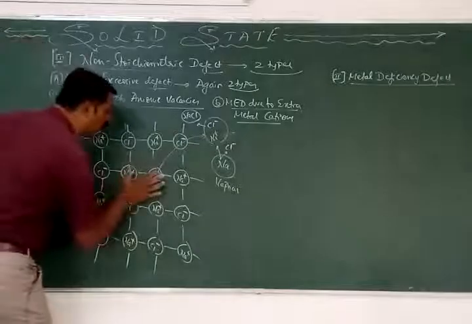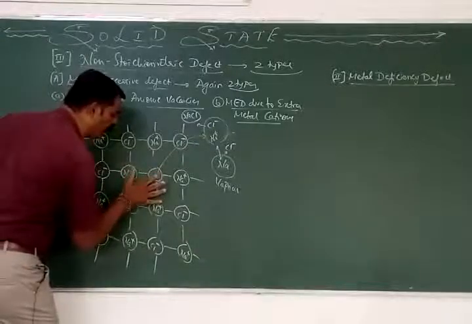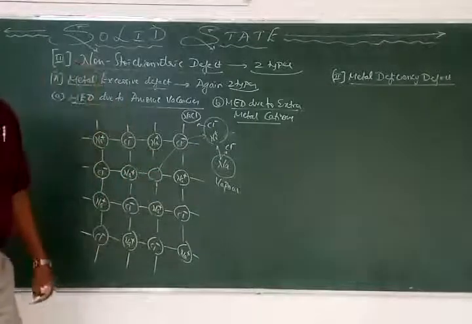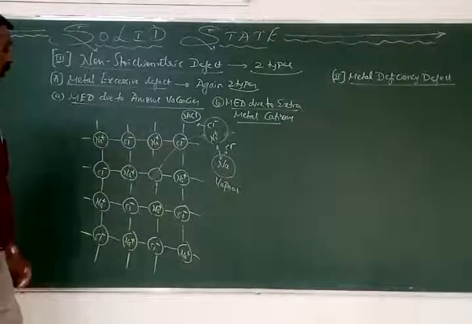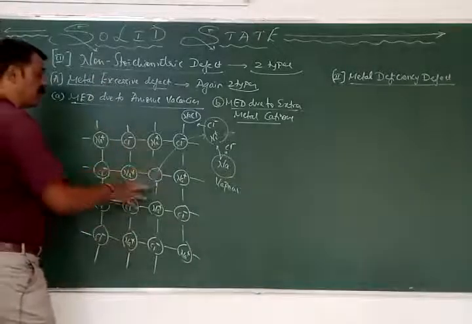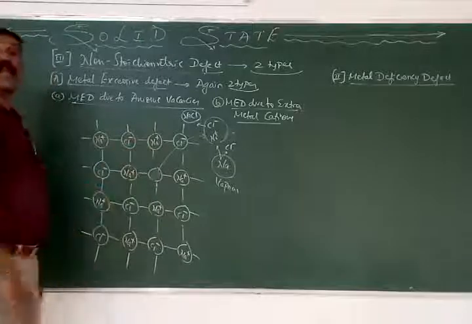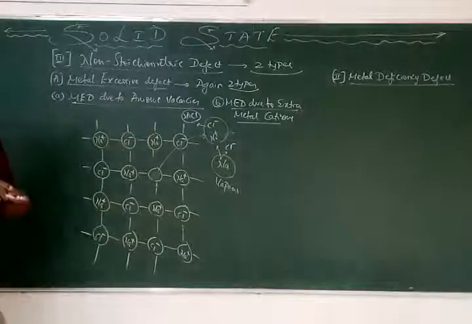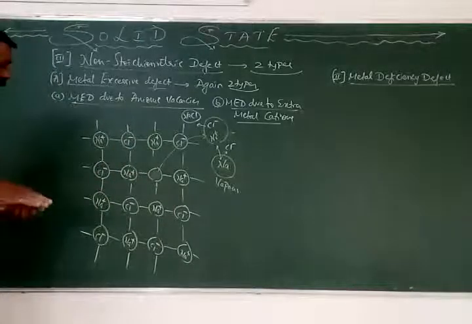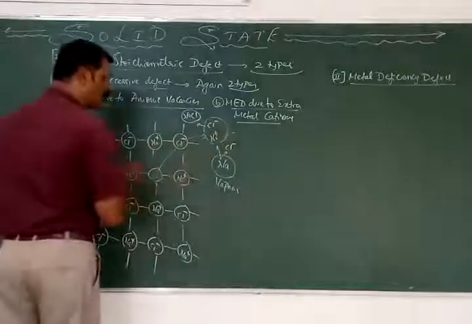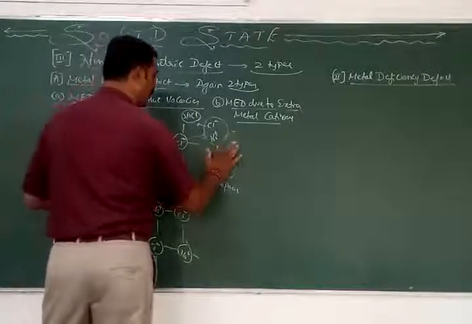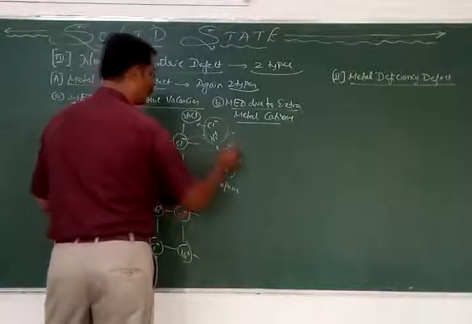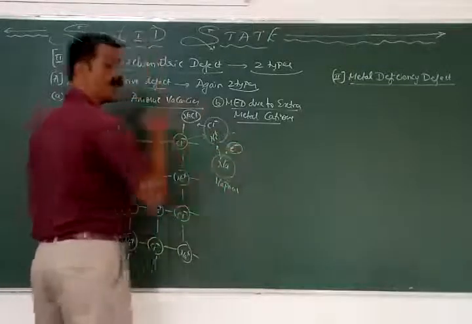Now this becomes vacant. But it is not electrically neutral, because we have more cations and fewer anions. I think I made a mistake here: it is Na plus and then electrons.